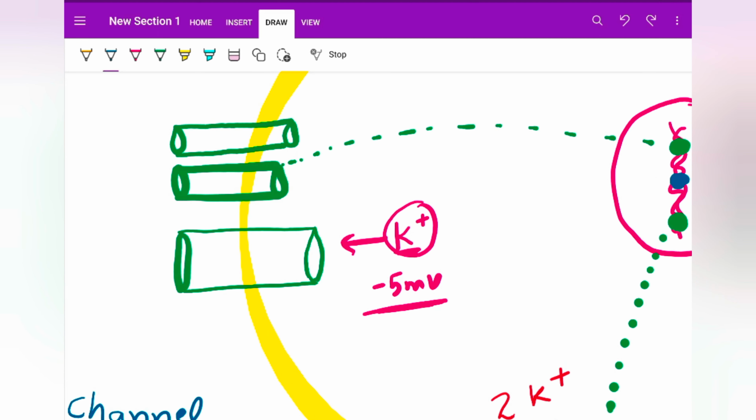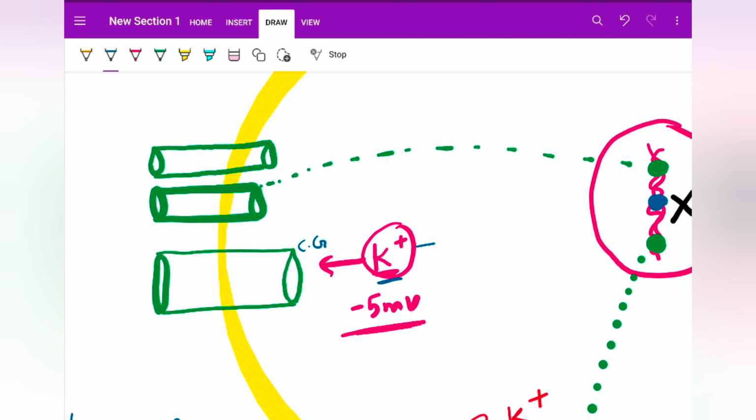So now K plus has a very strong tendency to go out due to its concentration gradient. But there is also a small force acting inwards due to this minus 5 millivolt, which is called EG, that is electrical gradient. This concentration gradient acting outward is very strong, but this electrical gradient acting inwards is very weak.